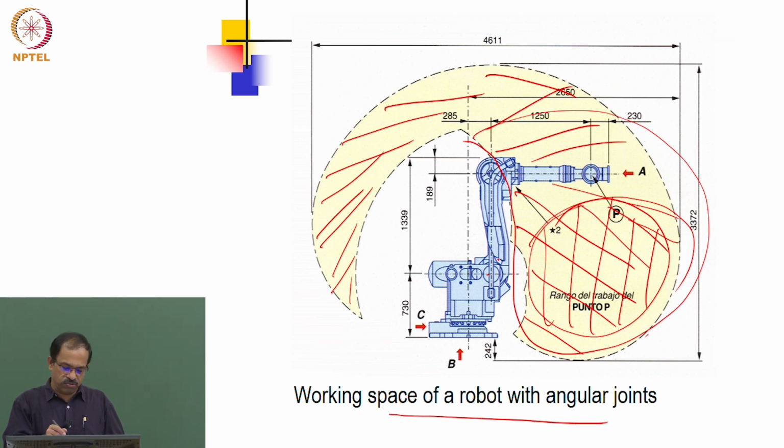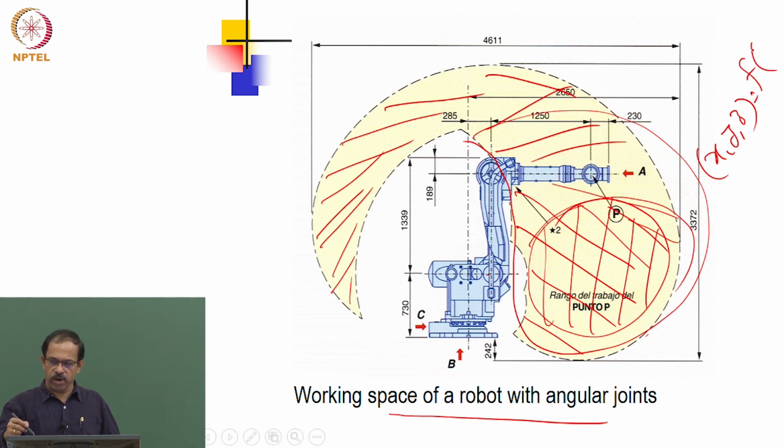So once we know these joint limits and the relationship between the coordinates and the joints, we have three joints, so theta, phi and psi. I put these as three joint angles.